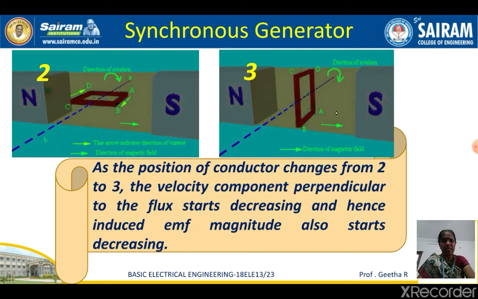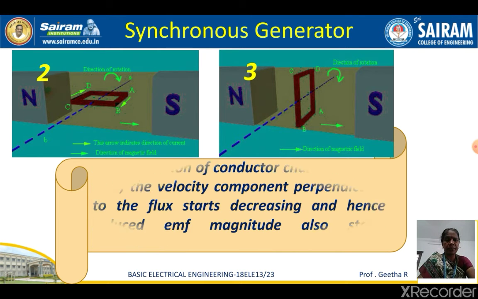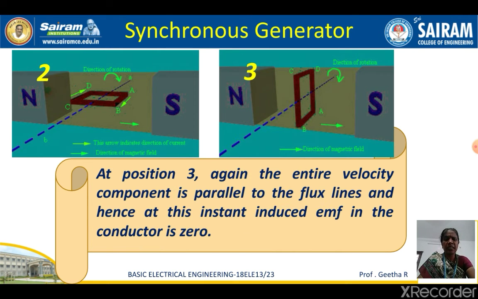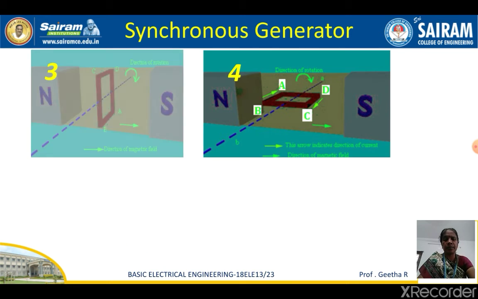Accordingly, the change in the flux also decreases, so the magnitude of the induced EMF also starts decreasing. At position 3, again the entire velocity component is parallel to the flux lines, and hence at this instant the induced EMF in the conductor is 0.